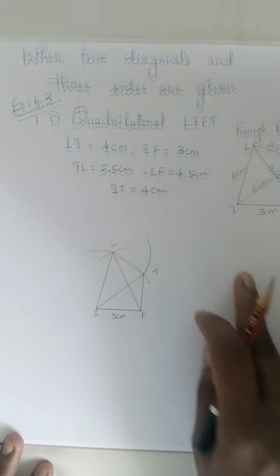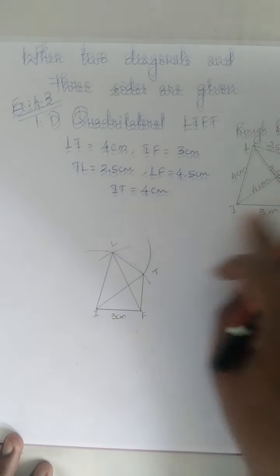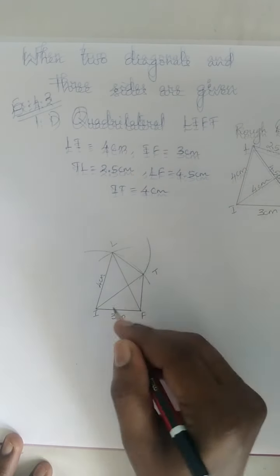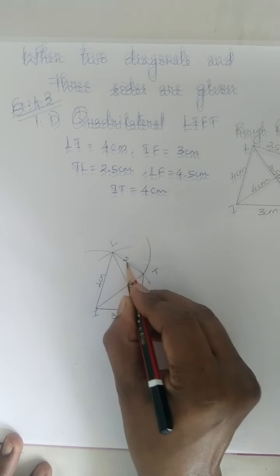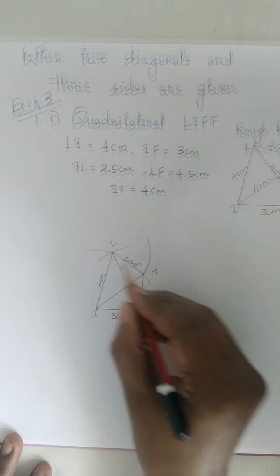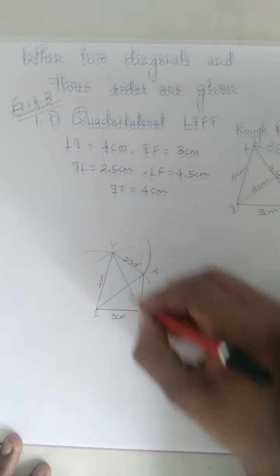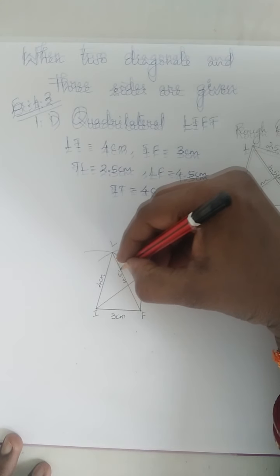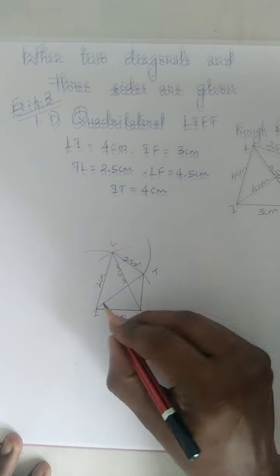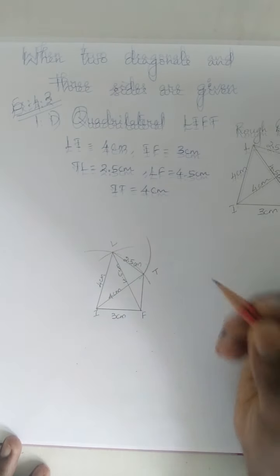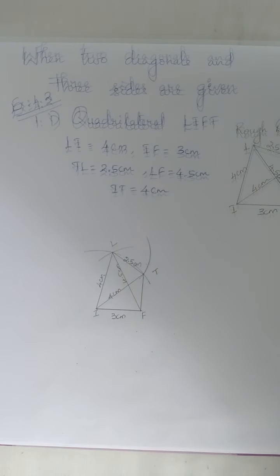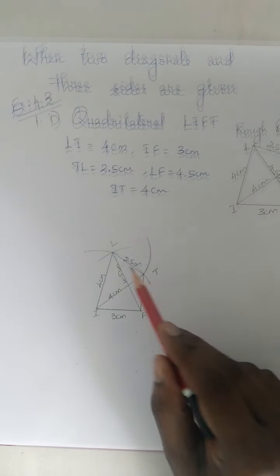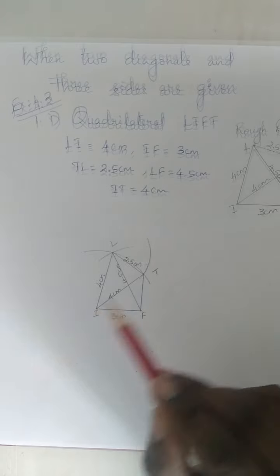So now we received the quadrilateral, and let's write the measures, lengths of the sides and diagonal. LT is 2.5, then LF is 4.5 centimeter, then this IT is 4 centimeter. So now we received quadrilateral LIFT.